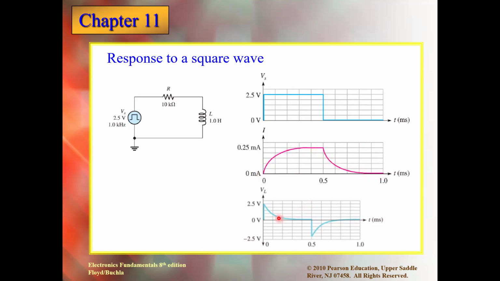But the voltage is opposite to that, because initially the resistance is very high, so the voltage developed across the inductor is high, and it keeps on reducing. When the current is high, the resistance is zero, and because the resistance is zero, the voltage is also zero. So this shape is exactly the same shape we have seen for the capacitor charge and discharge. All right.